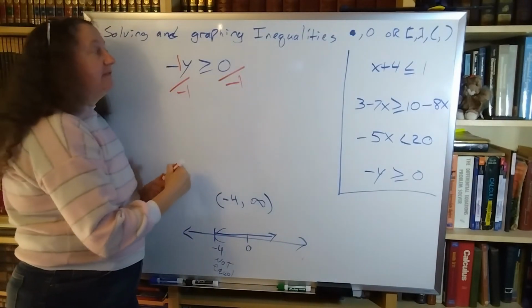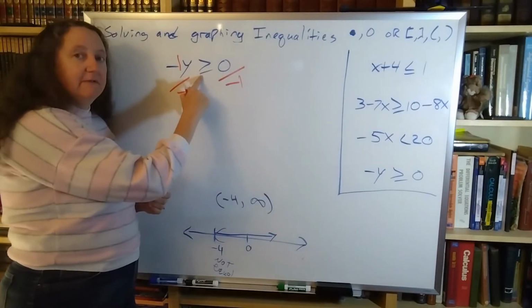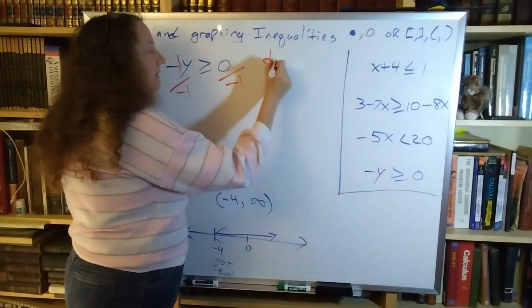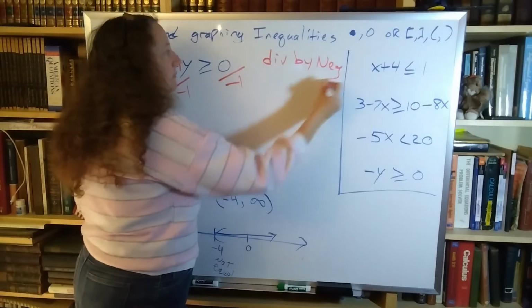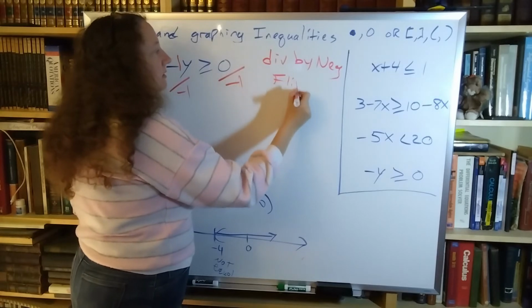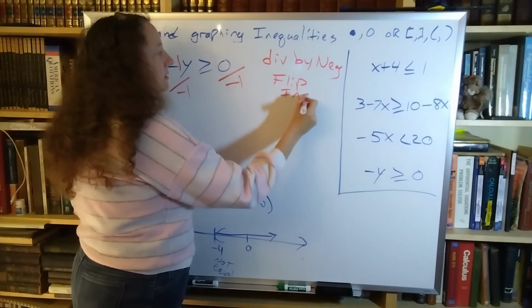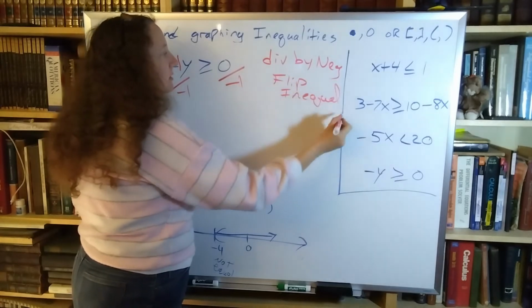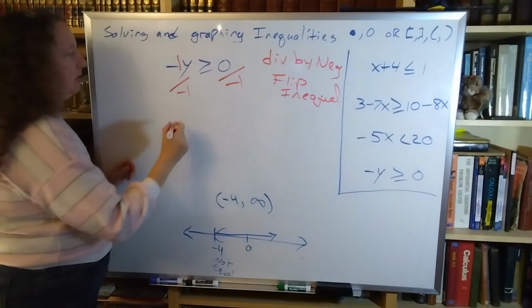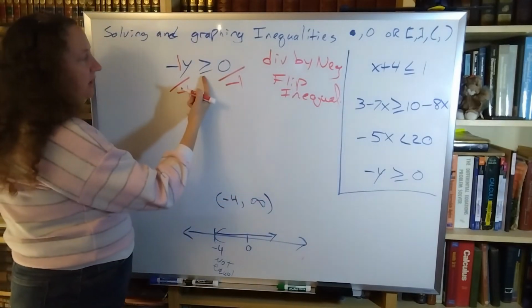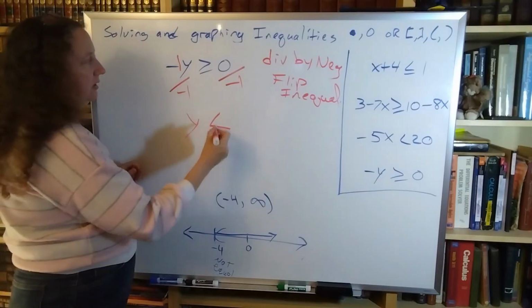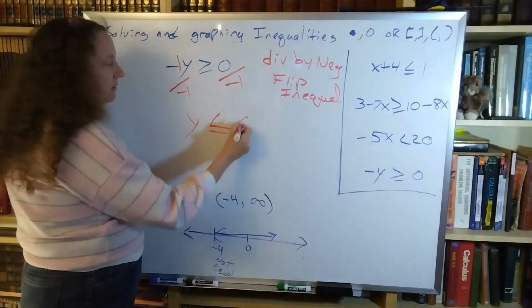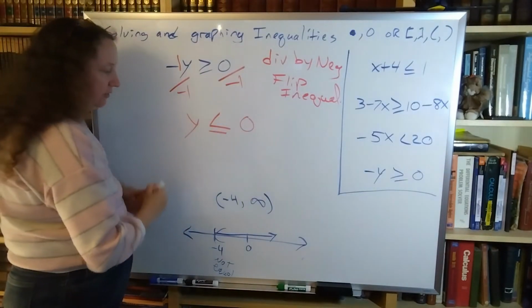But because I'm dividing by a negative, I have to flip the sign. Divide by negative, flip inequality. So now I have y, instead of being greater than or equal to, going to be less than or equal to. 0 divided by -1, 0 divided by anything is still 0.